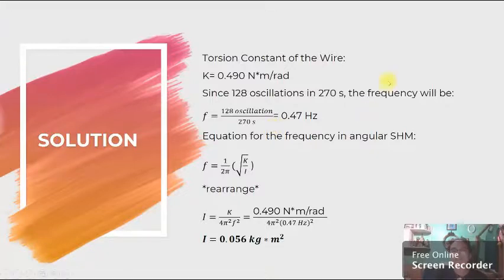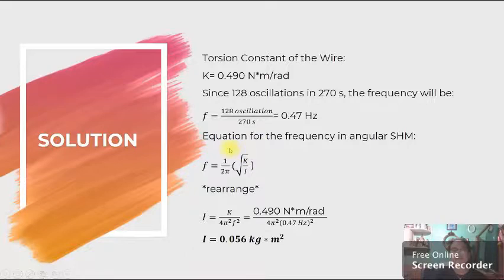The equation for frequency in angular simple harmonic motion relates the frequency to the moment of inertia and the torsion constant. We have a formula of f is equal to 1 over 2 pi times the square root of K over I, where K is the torsion constant and I is the moment of inertia.